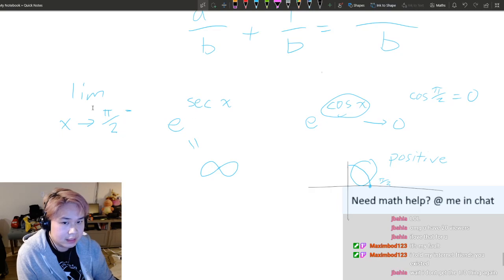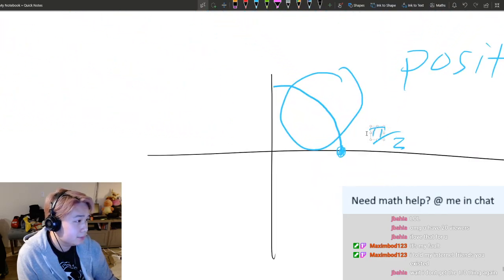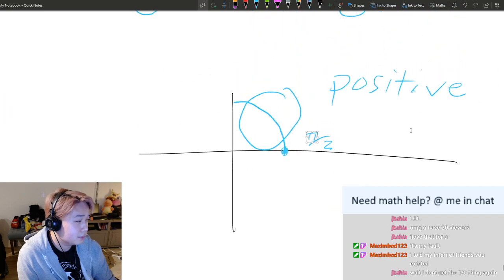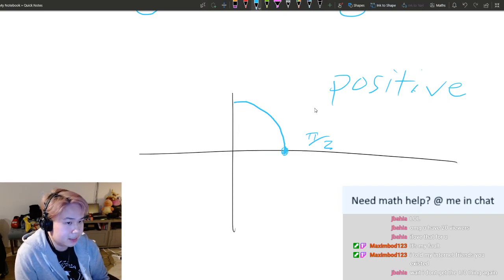So let's see. We have pi over 2. You're coming from the left side. And basically, here's pi over 2 right here. And what you're doing is you're dividing these cosine values. So these values are getting closer and closer to 0.